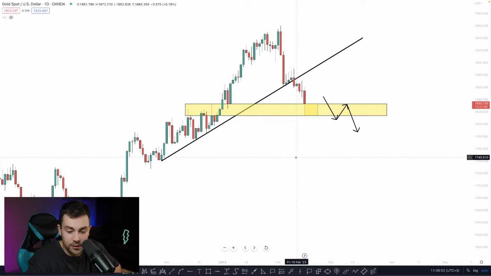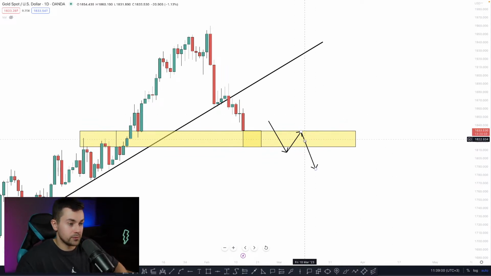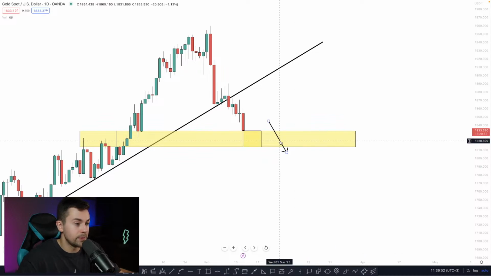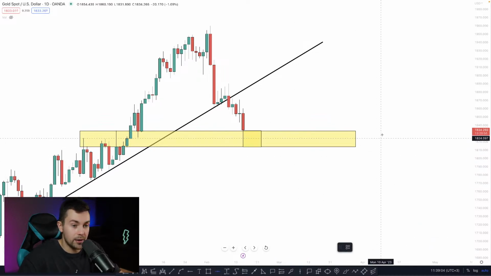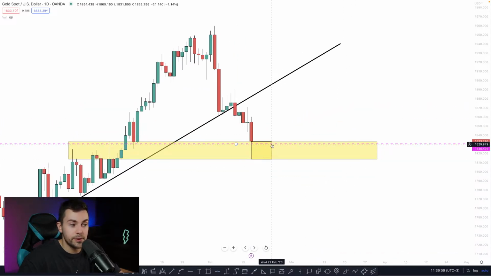Rumpa says, is 1830 a bullish point to buy? So let me remove the arrows right here and add this 1830. So that is the 1830 level. Here it is.